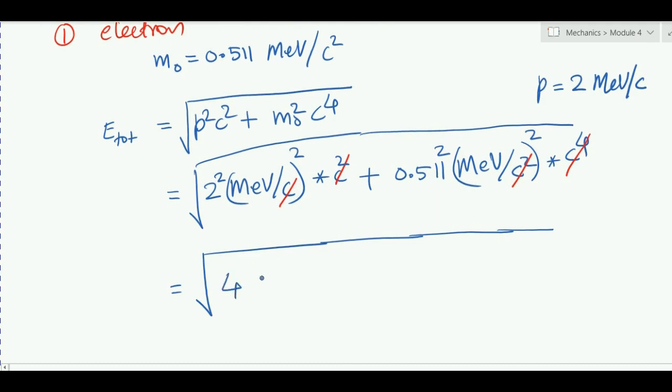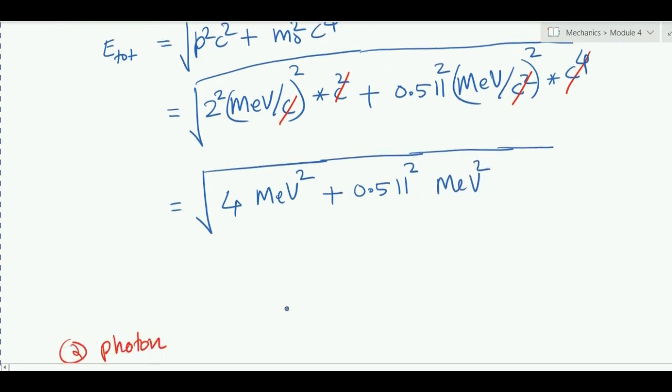We end up with MeV square plus 0.511 square MeV square. Now you can take MeV square outside, and that becomes the unit of energy, MeV. Please do the calculation. I think the answer is 2.064 MeV. Don't forget to write the unit.